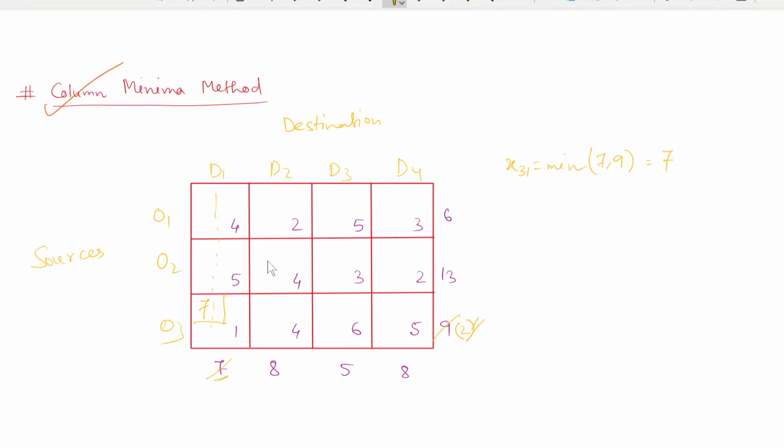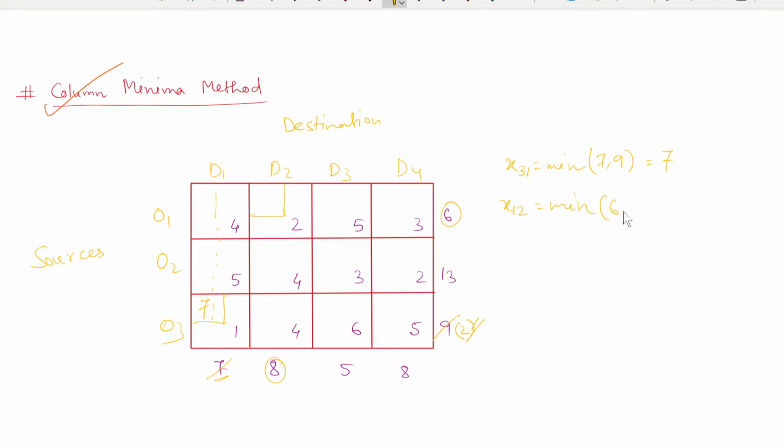In the next column the minimum element is 2, so 2 is the next allocation cell. So x12 is equal to the minimum of the availability from origin O1, which is 6, and the demand for destination D2, which is 8.